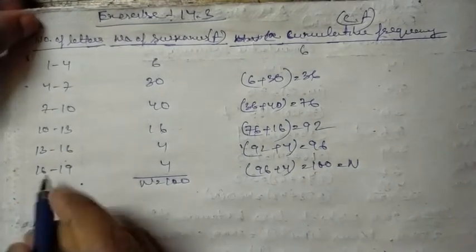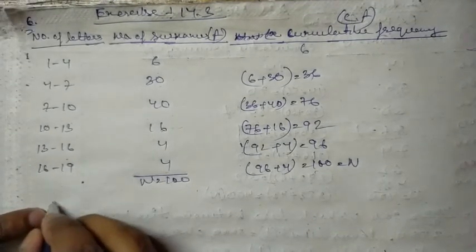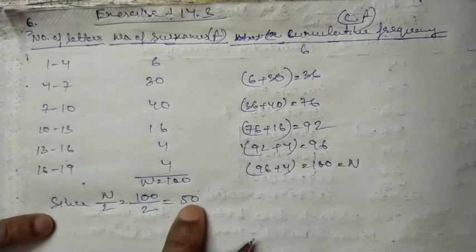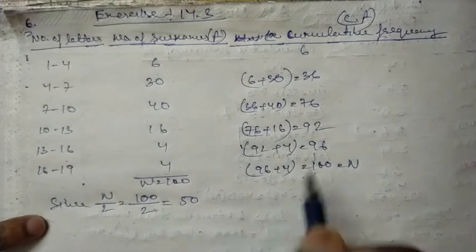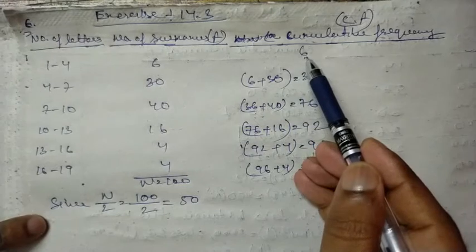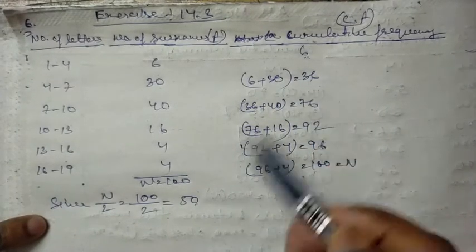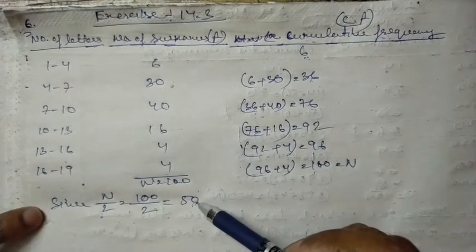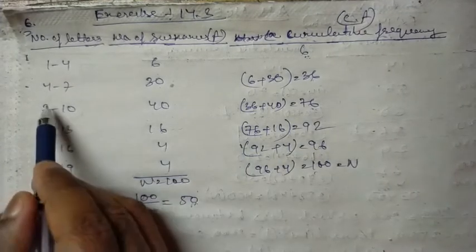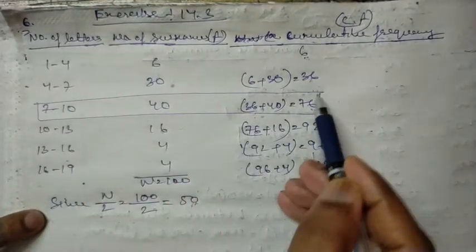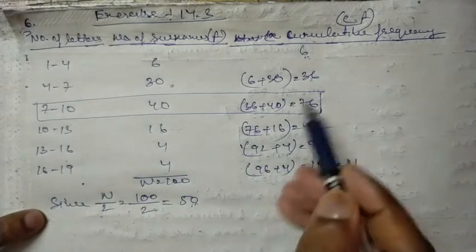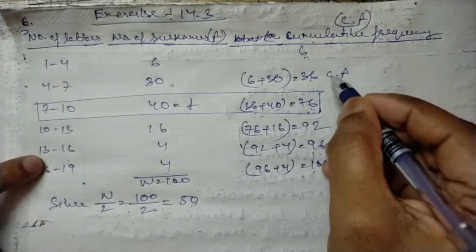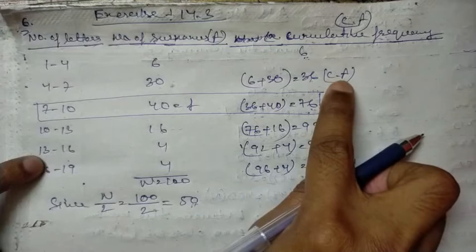Now we'll apply the median formula. Since n by 2 is 100 by 2, that is 50, we look for 50 in the cumulative frequency. 50 does not lie at 6 or 36, and 76 is not less than 50, so 50 lies in this median class.